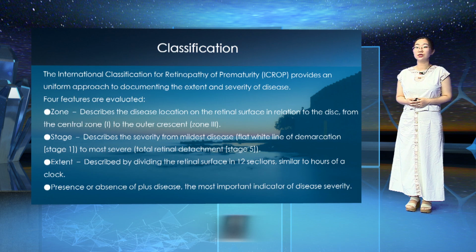The International Classification for Retinopathy of Prematurity provides a uniform approach to determining the extent and the severity of the disease. There are 4 features evaluated. The first one, zone, second one, stage, the third one, extent, and the last one, presence or absence of plus disease.